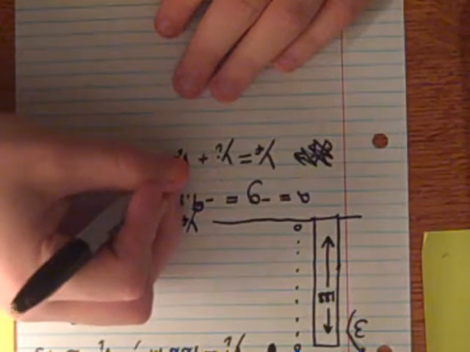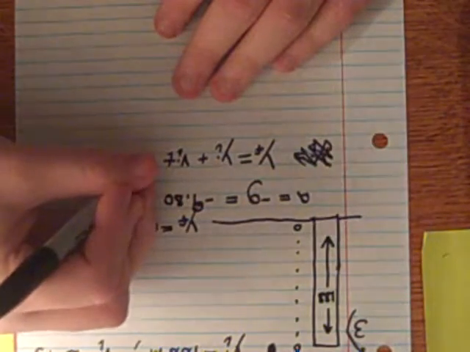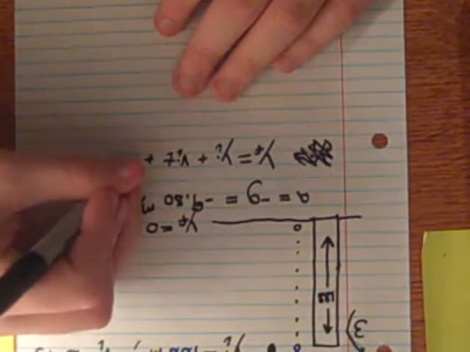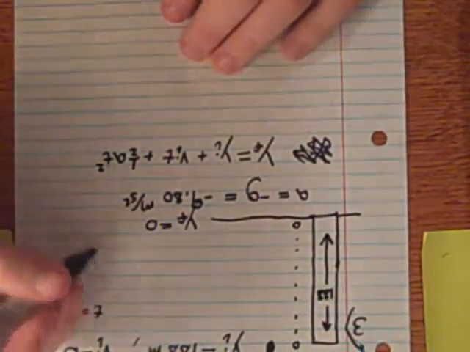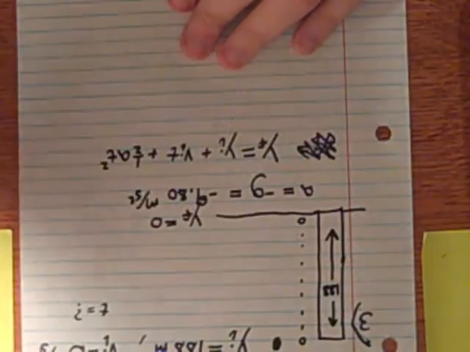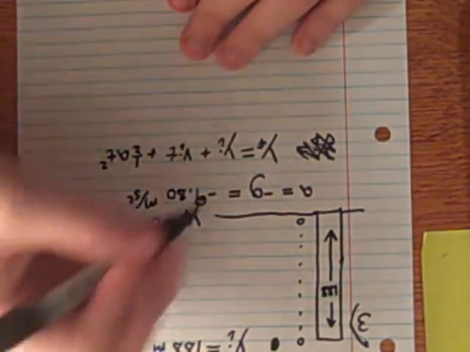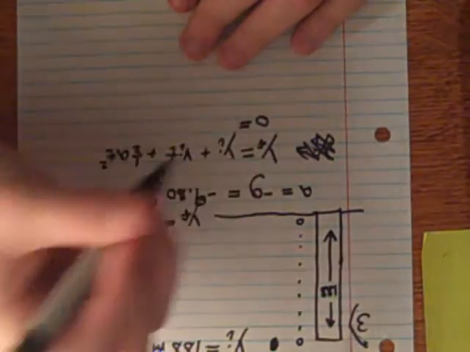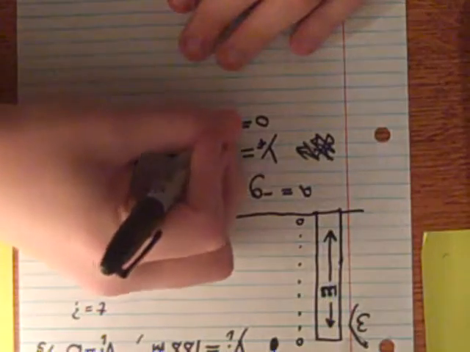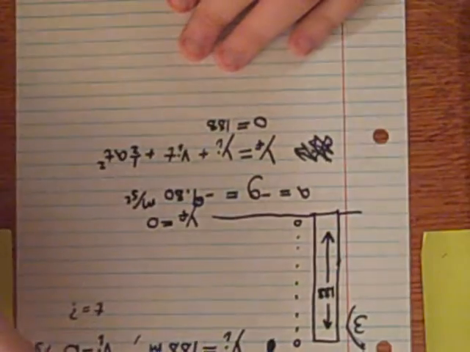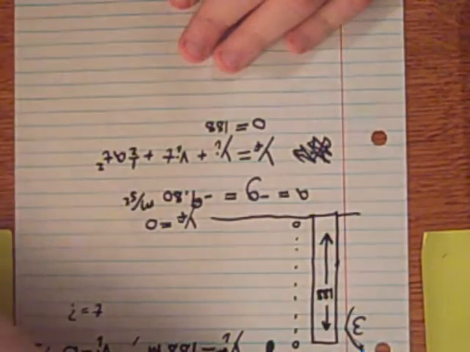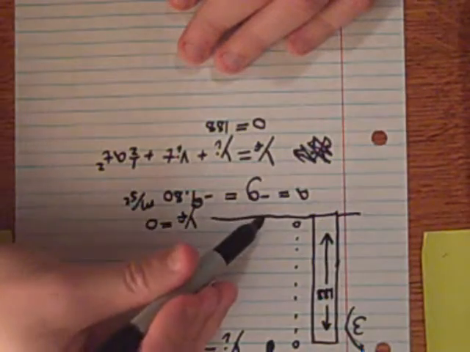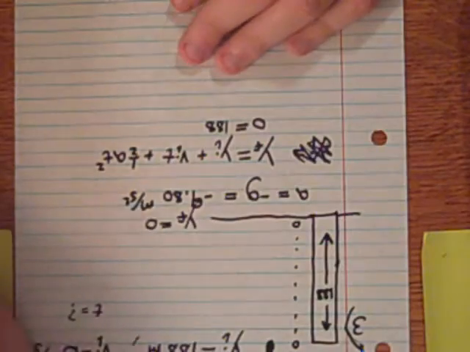And so that's V initial t plus 1/2 a t squared. This familiar old equation. So y final is 0. Y initial is 188. And sometimes people like to set y initial equal to 0 and y final negative 188.